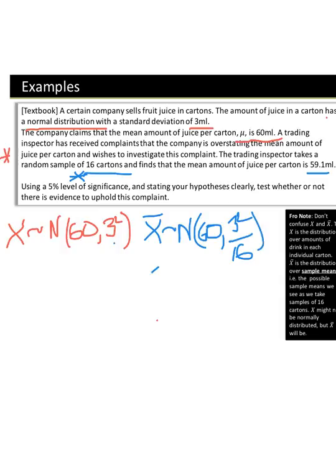And we can write this as, just simplifying our fraction, it would give us a mean of 60 and a variance of 0.75 squared.